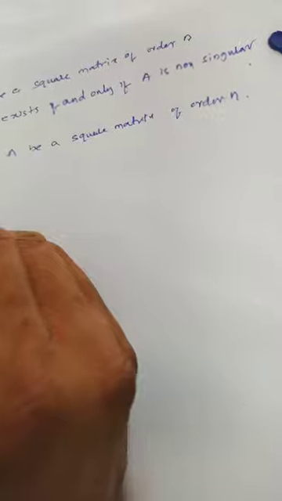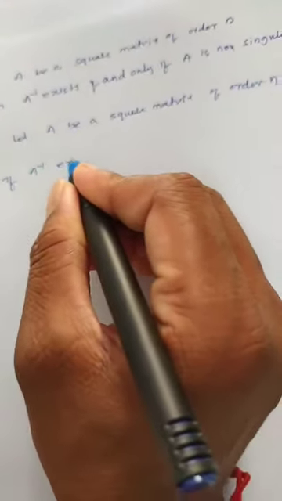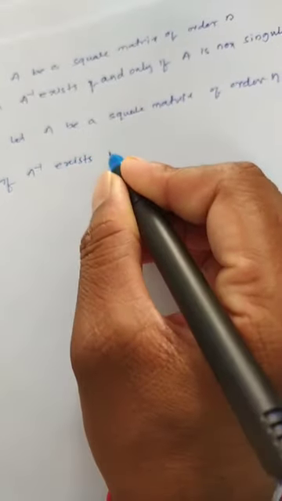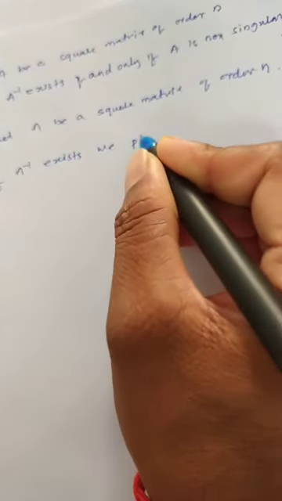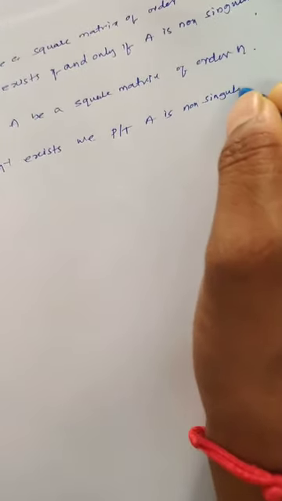In the first case, if A inverse exists, we prove that A is non-singular.